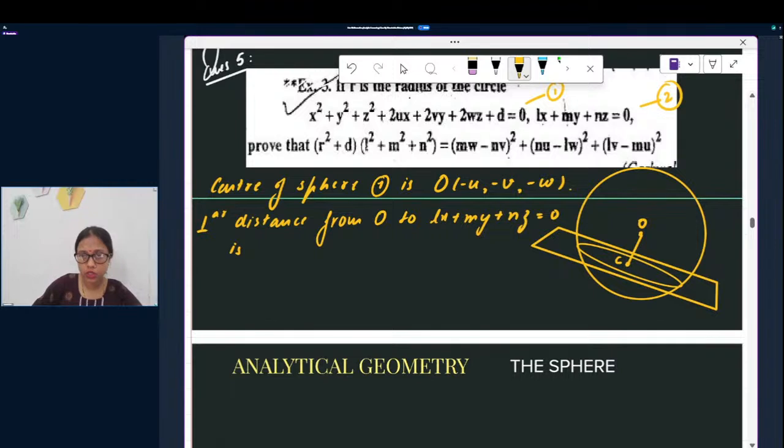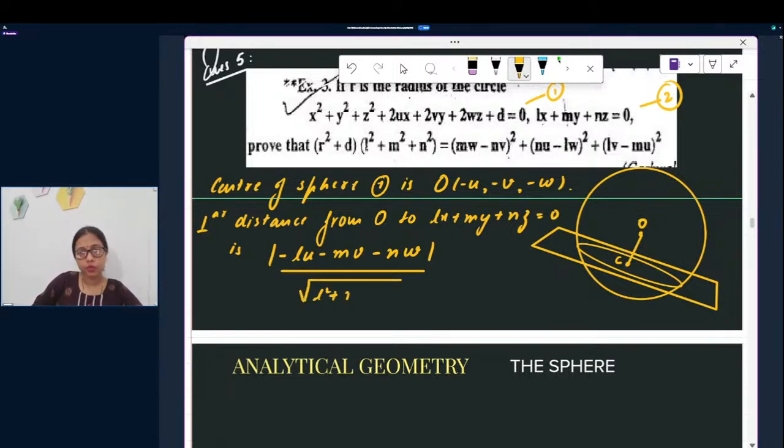Substitute the point, it will be modulus of minus Lu minus Mv minus Nw, divided by square root of L square plus M square plus N square. Right? So that is your OC.